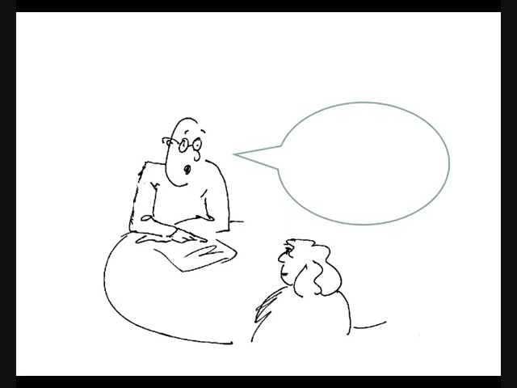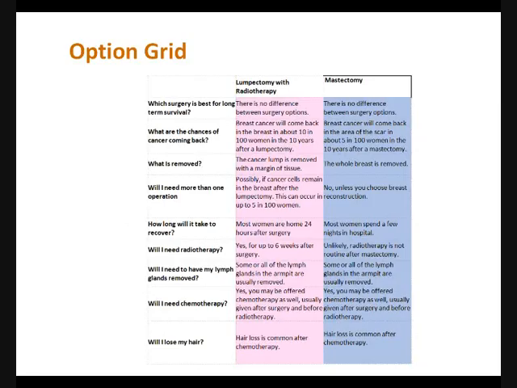So our view is that, just to go back to this cartoon for a moment, the solution is to try and develop very simple tools, which we call option grids in Cardiff, which the patient is using here, very small tools on one side of A4, which you can give to the patient in the consultation, and it doesn't take more than about 2 or 3 minutes for them to use them. And in this way they get the idea, oh yes, there's 2 or more things I could possibly do here.